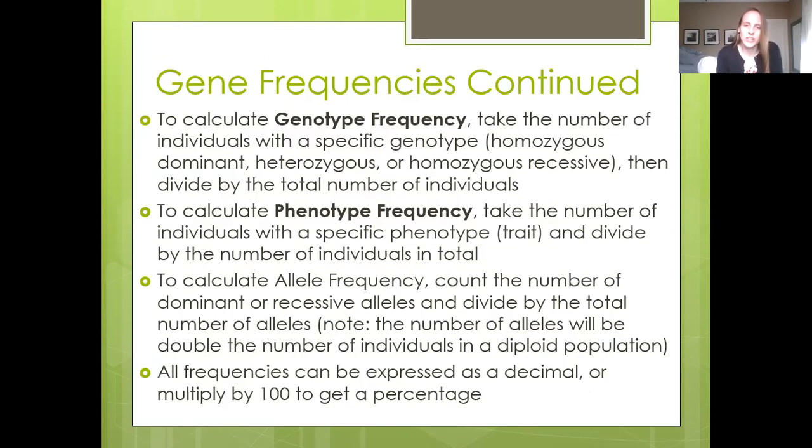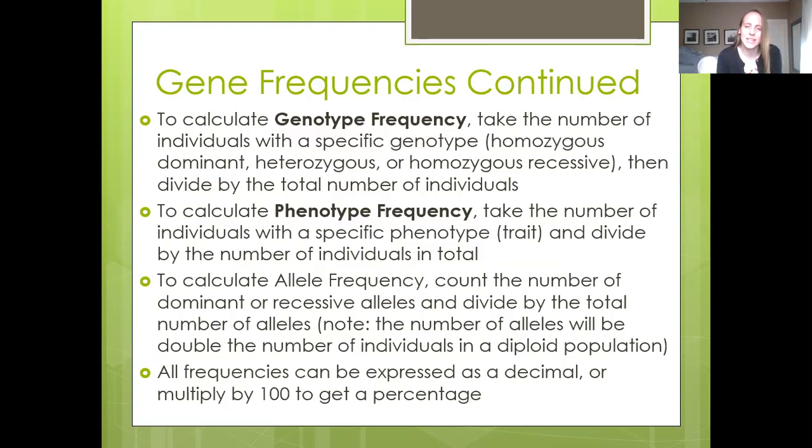To calculate genotype frequency, you just take the number of individuals for a genotype divided by the total number of individuals. To calculate phenotype frequency, you take the number of individuals with a specific trait and divide it by the total.